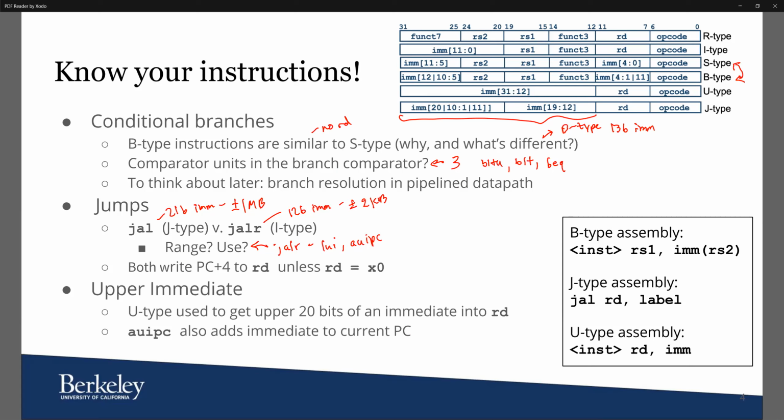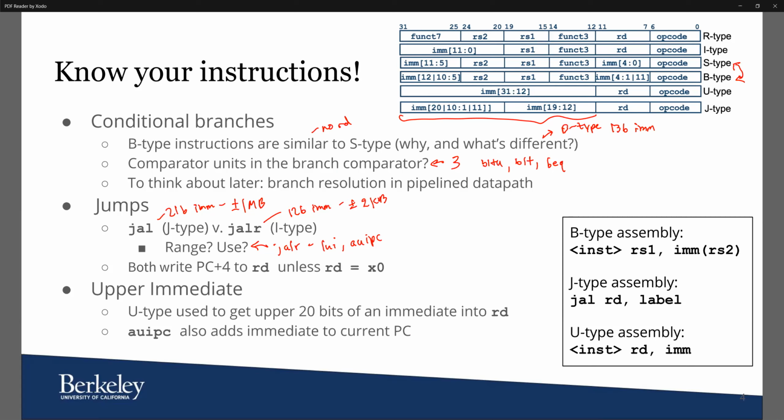You can go through the spec to see what these do and how they interact. For both jumps, they will always write PC+4 to the destination register that you specify, unless the destination register is X0, which cannot be written to.